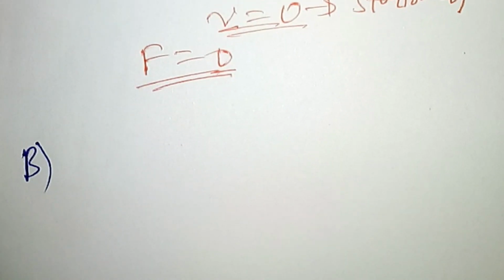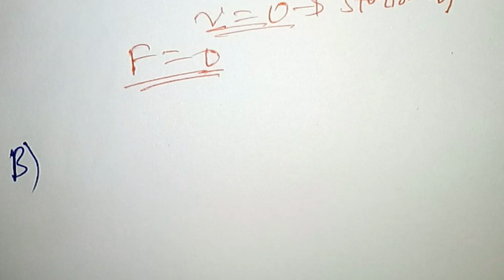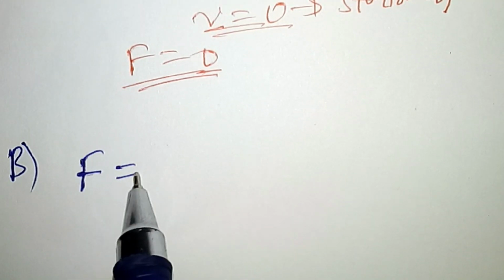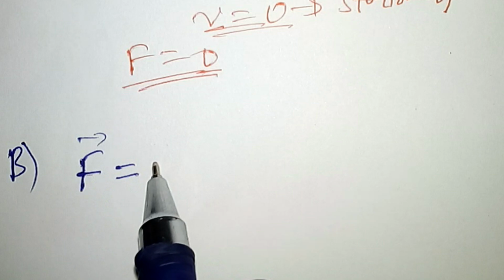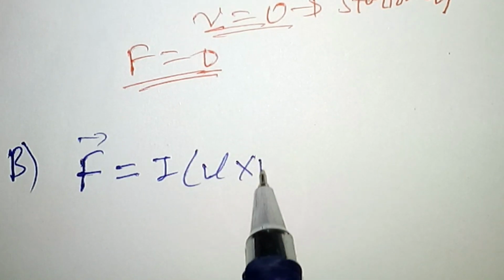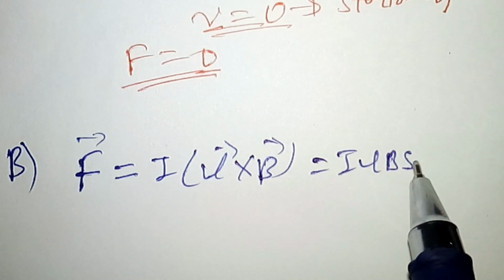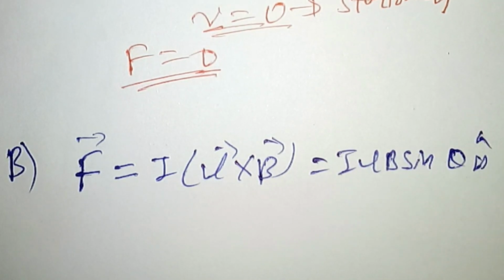Alternative B says that a magnetic field exerts a non-zero force on a conducting wire placed in the magnetic field. The force on a current carrying conductor in a magnetic field is given by F equals IL cross B, or I L B sine theta in some unit vector n.